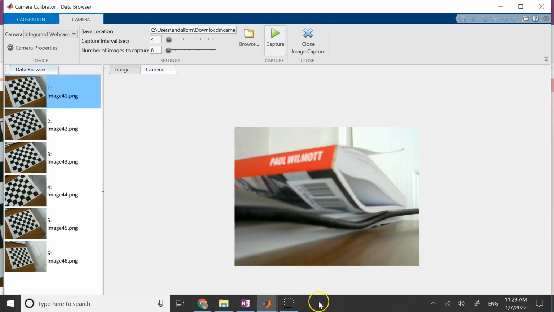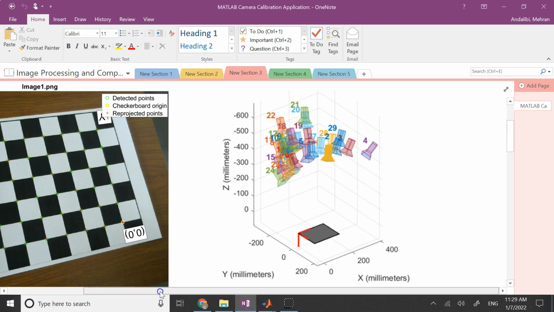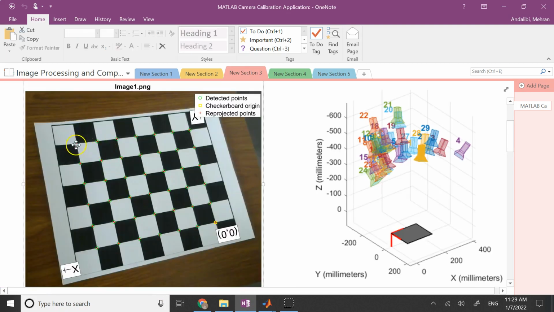But now, as I told you, it is going to detect the corner points. Let me show you on this picture. So you will see something like this. It is going to detect, as you can see, the inner layer of the chessboard. All of the points that are detected are shown with a green circle.